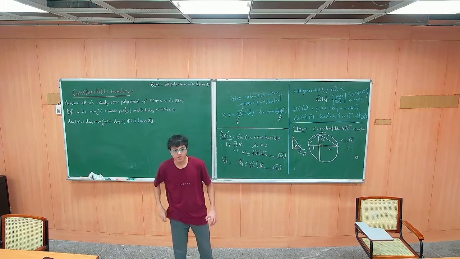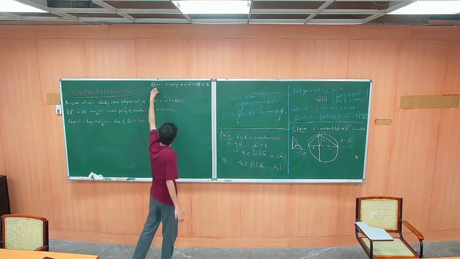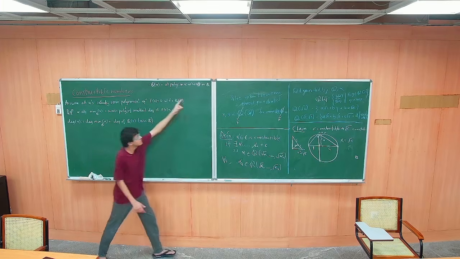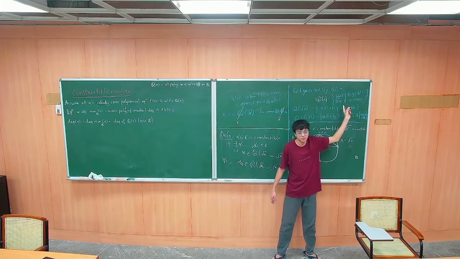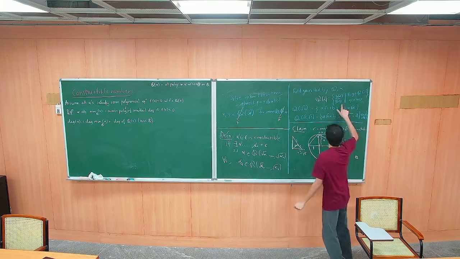True, but I mean just stare at it. Suppose I were to make this a definition. How does this differ from this definition? You see, there is something missing. Exactly, you are missing all the denominators here.